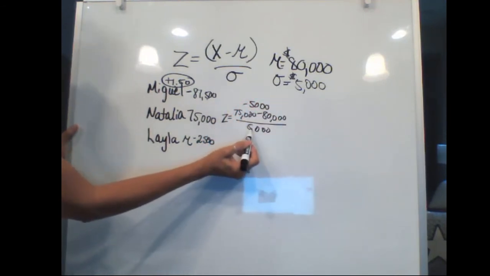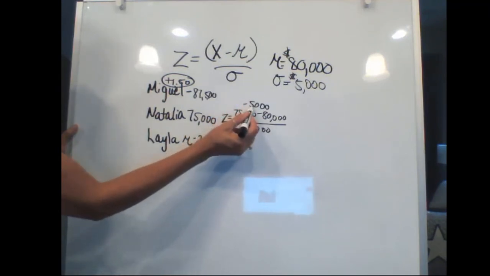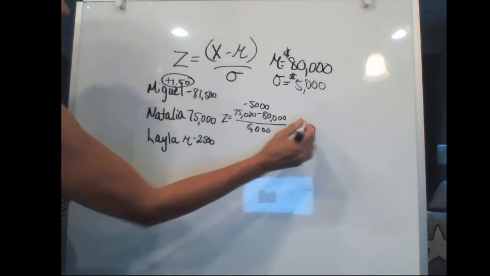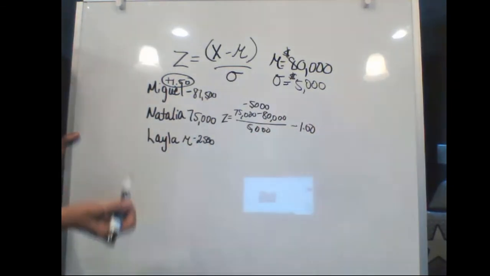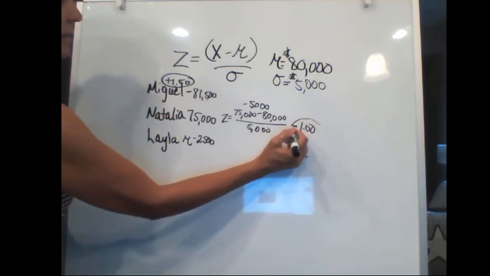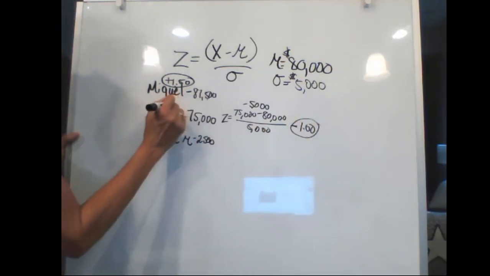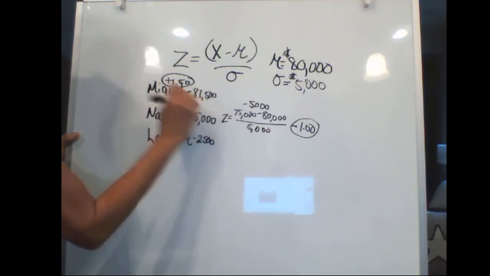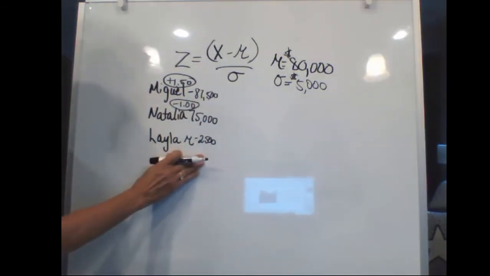So 5,000 goes into negative 5,000 negative 1 times. So Natalia is 1 standard deviation below the mean. I know it's below the mean because it's negative. So Natalia's z-score is going to be a negative 1.00. I'll put that there. Layla's is a little bit trickier.